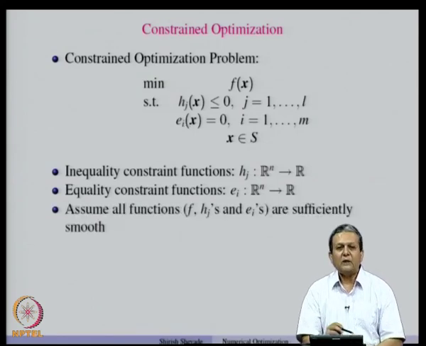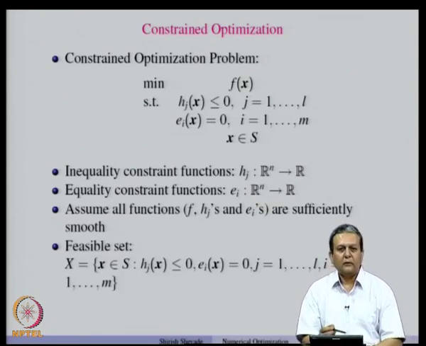What I mean by smoothness is that their second derivatives exist and are continuous at every point in the domain. We will make this assumption throughout, so that it is easy to write down the optimality conditions in terms of the derivatives at a later point of time.